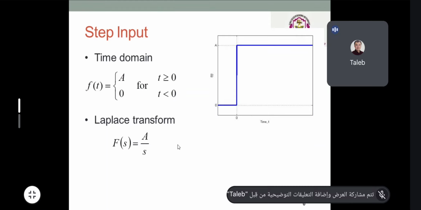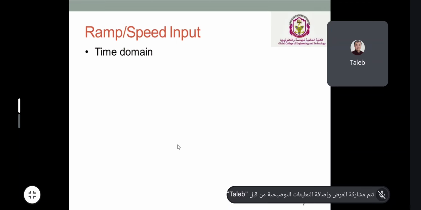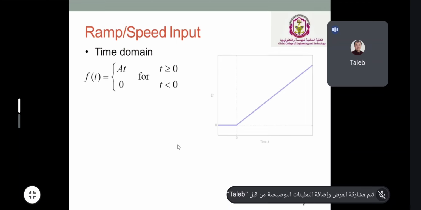All of these equations, this transformation, will be given to you. If we need this in the exam, I will give you all of these equations, no worries. In the special case when the constant is 1, we say that this is the unit step function.